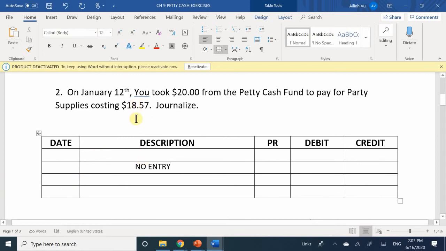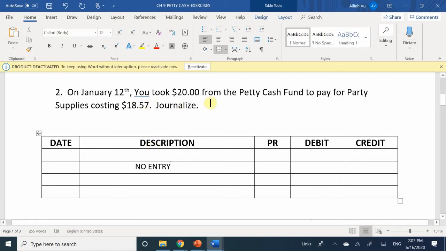Now, I'm going to ask you a separate question. When we close out the account, that is when you can credit petty cash. When you establish your petty cash, it will remain the same amount throughout the entire time.